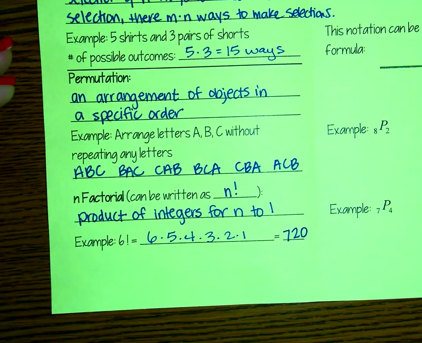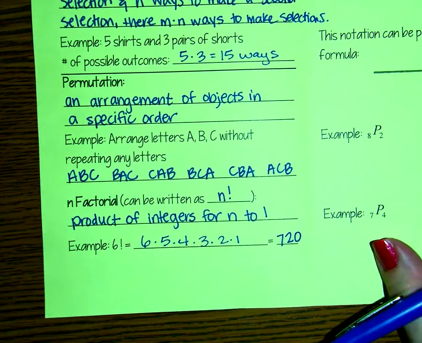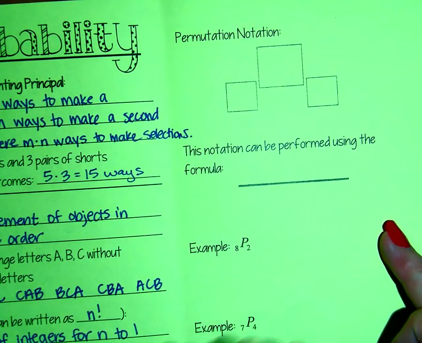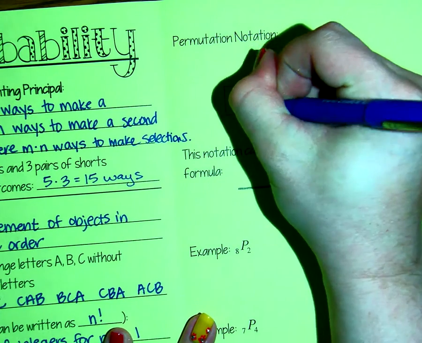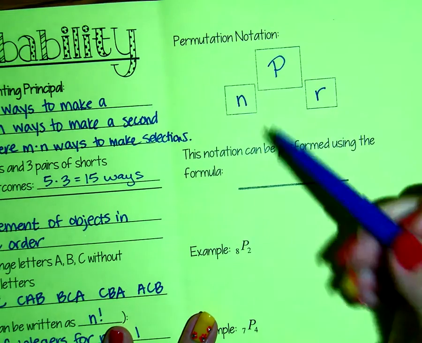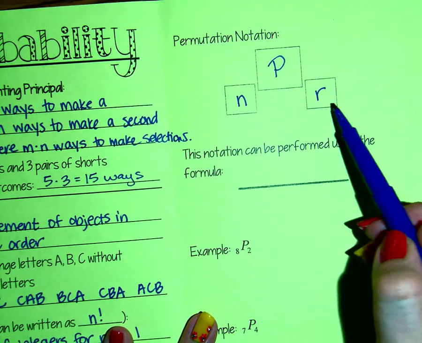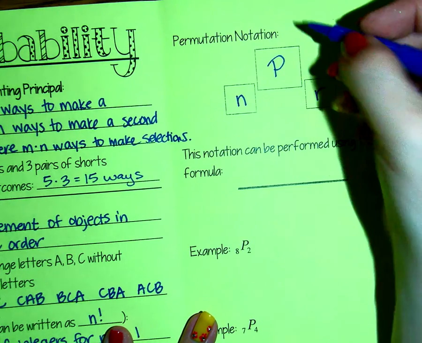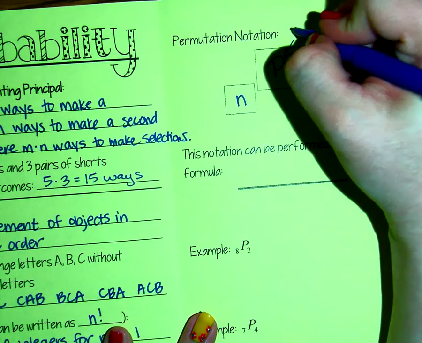Now we use factorials when we are trying to figure out permutations. Permutations, when you see them, most of the time are going to have 2 subscript numbers and a P. The P stands for permutation.